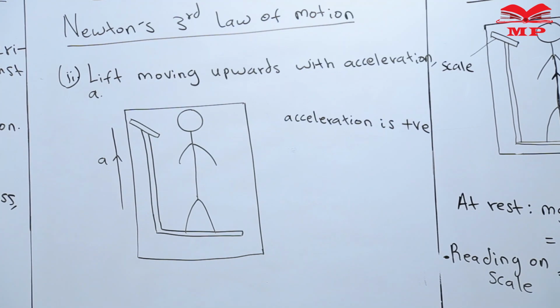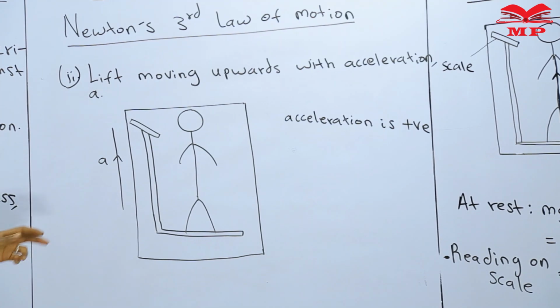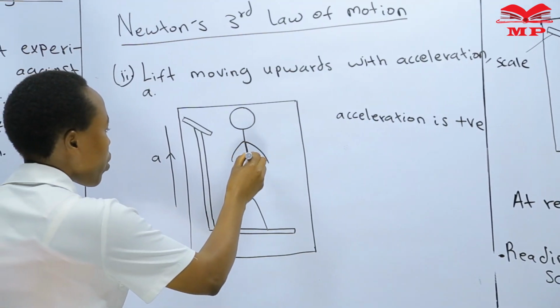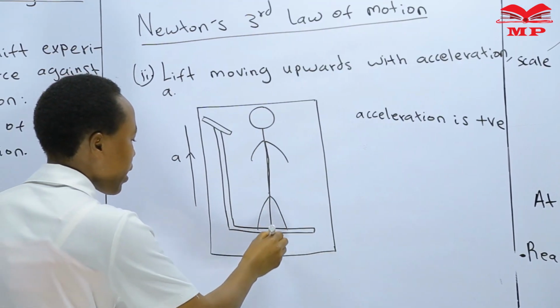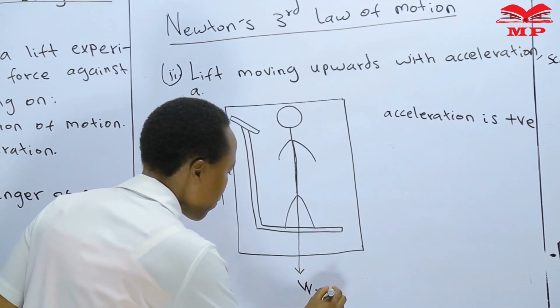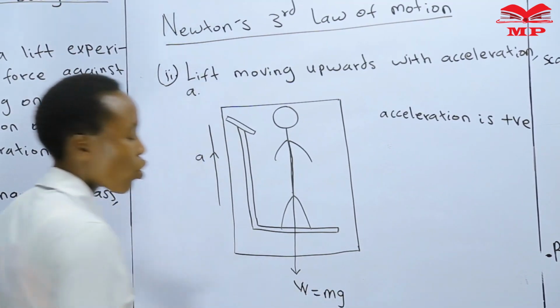The reading on the scale will simply be the resultant upward force. In this case, the body will again be exerting some weight on the lift, which is given by mass times the gravitational force.